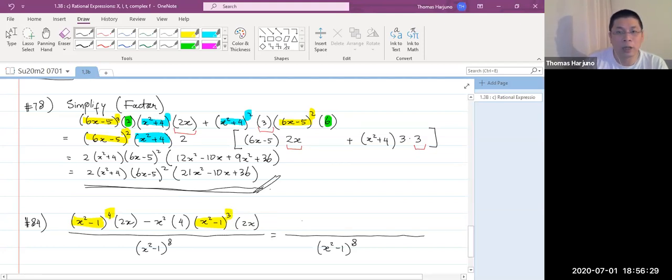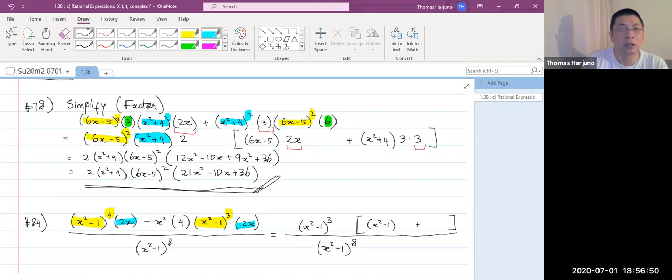So I will get x squared minus 1 cubed, such that my first term has an extra x squared minus 1. The second term has no more. Oh, you know what? We also have 2x as our common factor, huh? So let me take that 2x out also. I write it at the front instead.